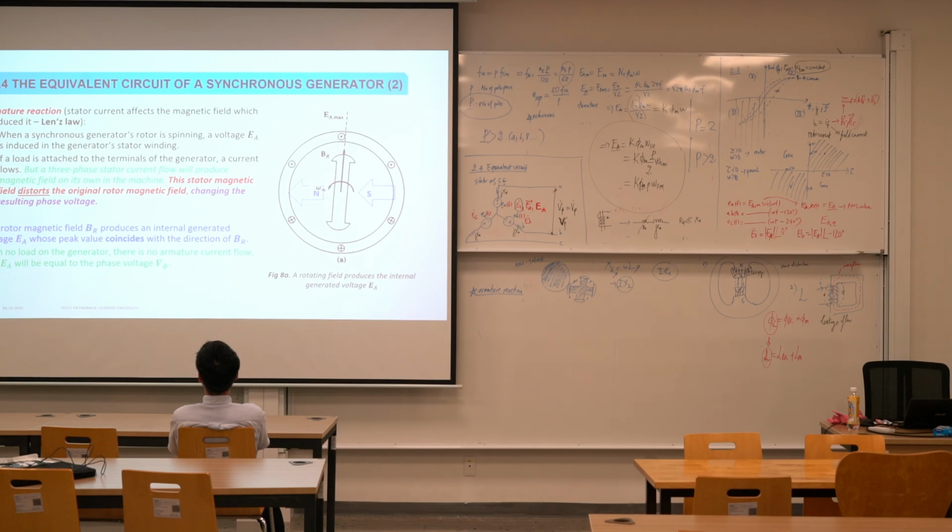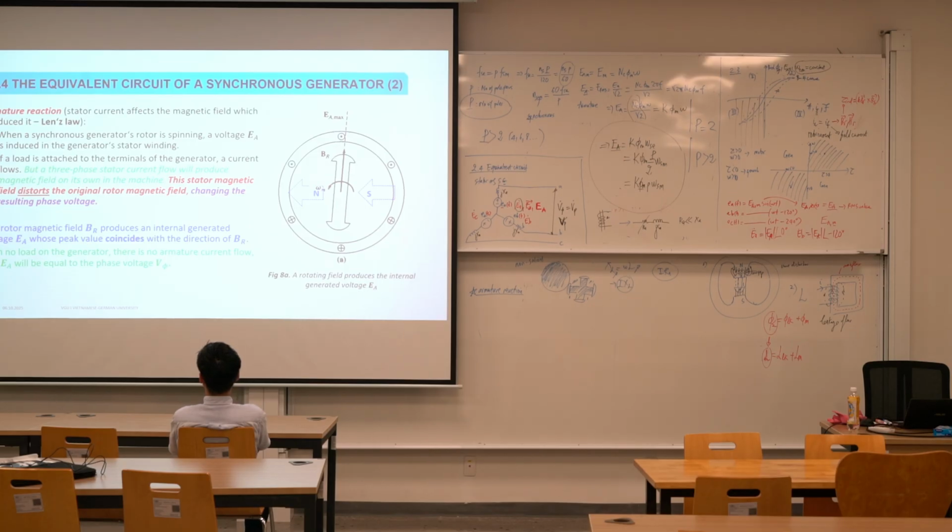Look. When a synchronous generator rotor is spinning, a voltage EA is induced in the generator stator winding. So if we have a load, we have stator current, right?